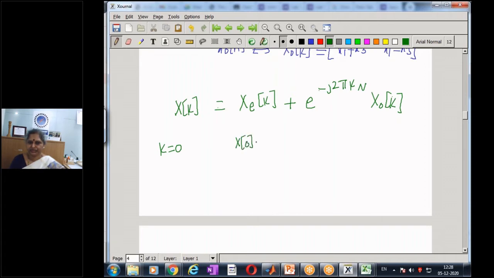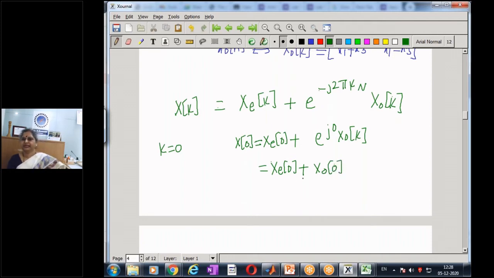X of 0 equal to xe of 0 plus e to the power of j0, because k is 0, x0 of k. How much is that? This is nothing but xe of 0 plus x0 of k. Oh, k is 0, so x0 of 0. So by this I get the value for the first value.